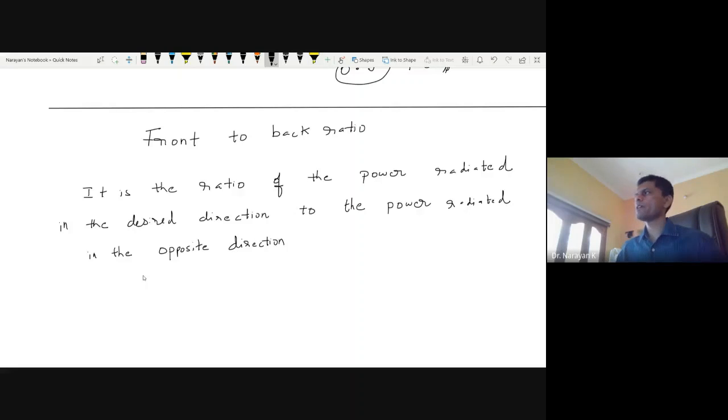The power radiated in the desired direction to the power radiated in the opposite direction is known as your front to back ratio, and this is another important definition.